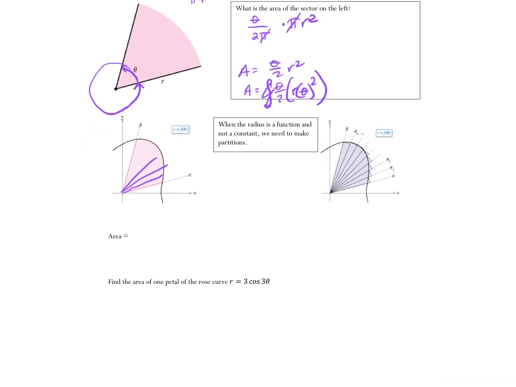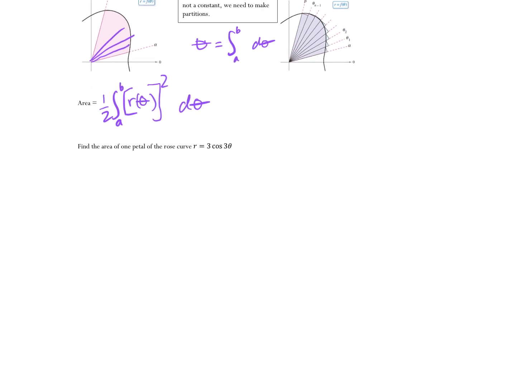But since we're partitioning by theta, it's going to be the sum over the angles between A and B of the function of theta squared d theta, and we would have a 1/2 in front. So the theta is equivalent to the sum from A to B of d theta, and then the radius of each of those pieces would be the function.